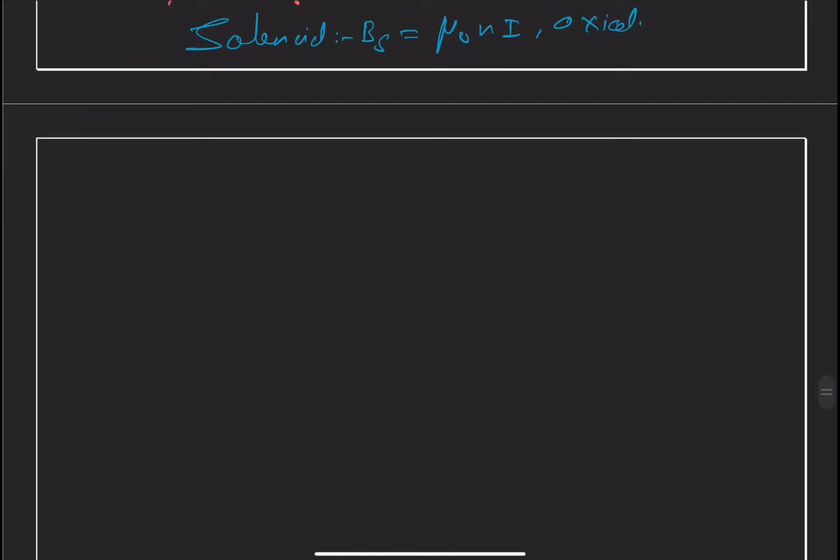Therefore net magnetic field B will be the vector sum of Bc and Bs.